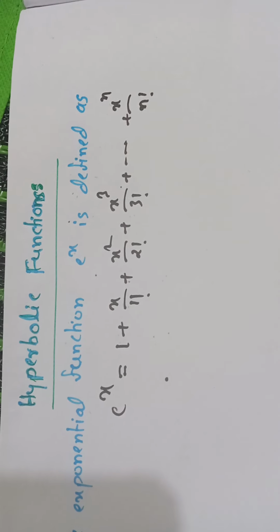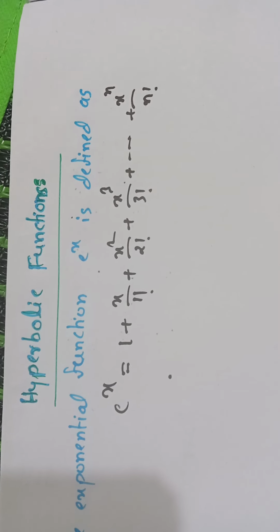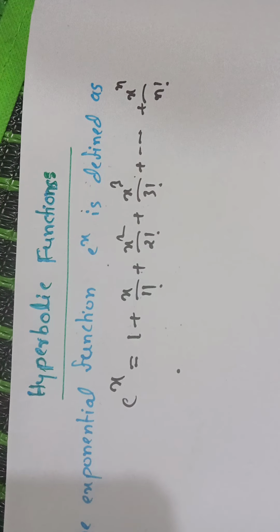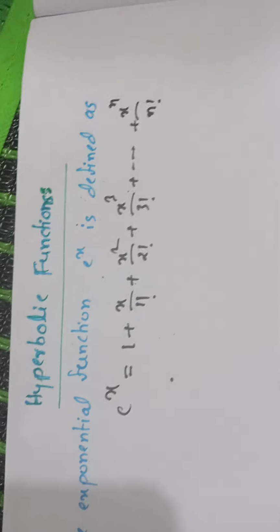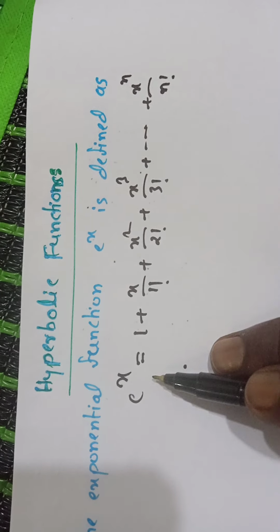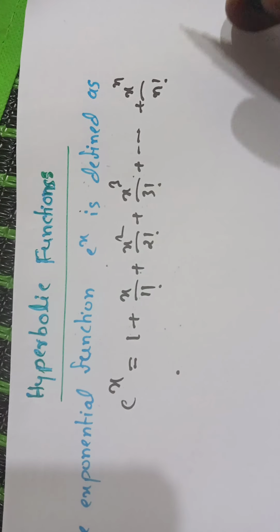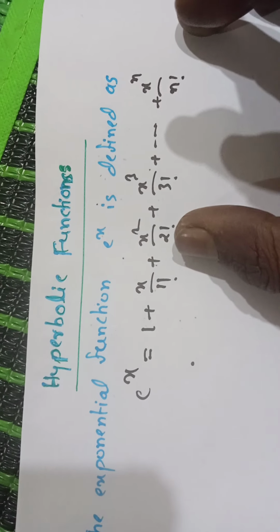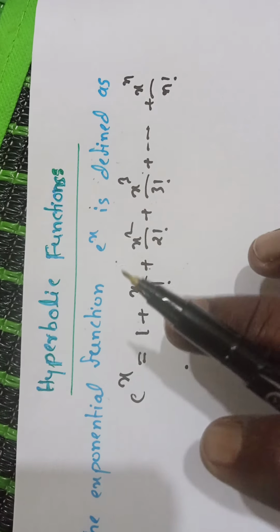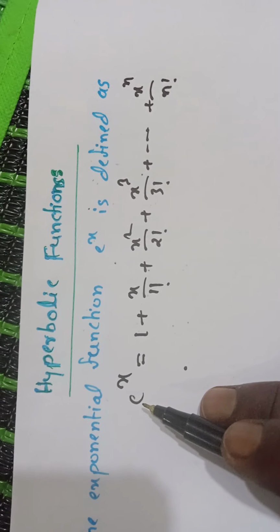If you add all these proper fractions, definitely you will get a small number which is greater than 0 and less than 1, because you know very well the value of a proper fraction always lies between 0 and 1. So maybe it will come as 0 point something, and 1 plus 1 gives us 2, so 2 plus 0 point something. Then you will get the value of e like that.